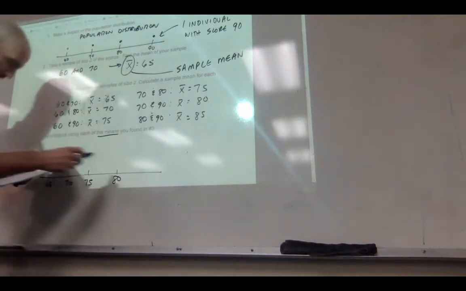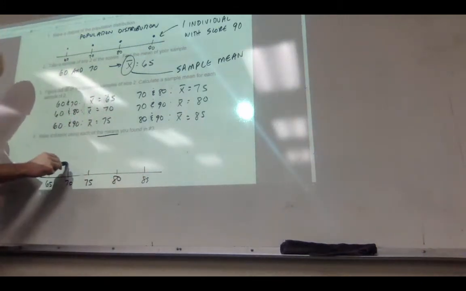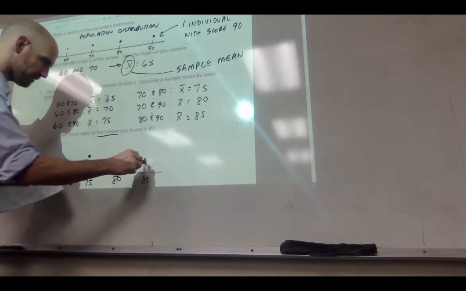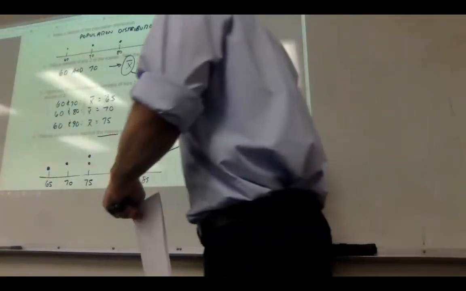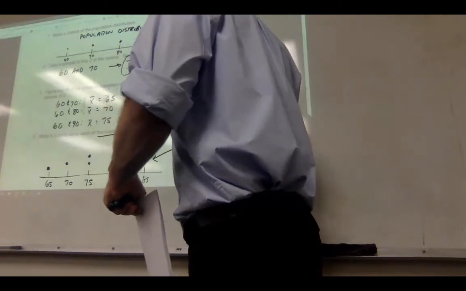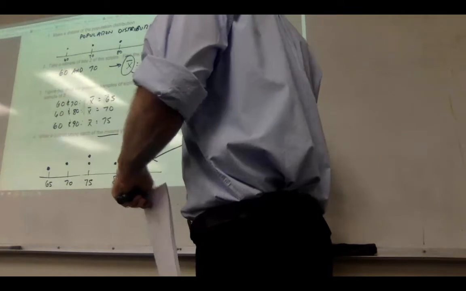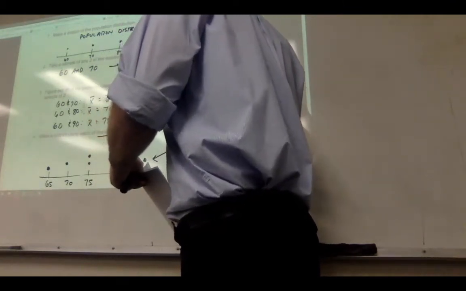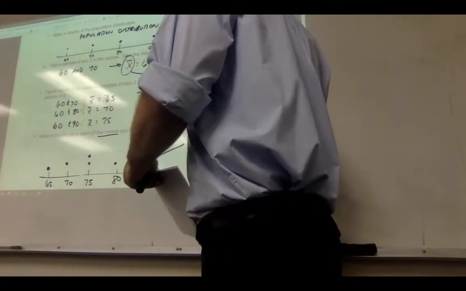All right. 85. So my plot looks like this: 65, 70, 75 twice, 80 and 85. Let's break this down. This dot represents 1, and we've got to have context here, sample of 2 with a mean of 85.